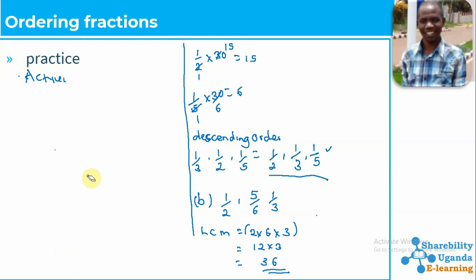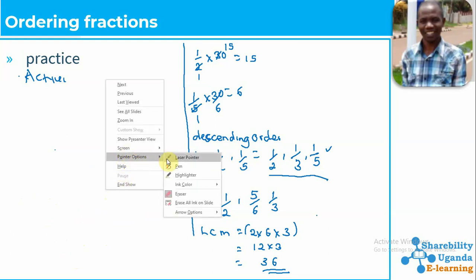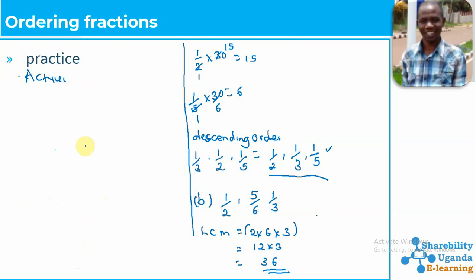So we are saying our LCM from here is equal to 36. So now let's use our method.